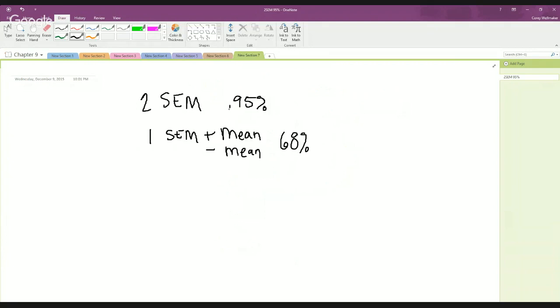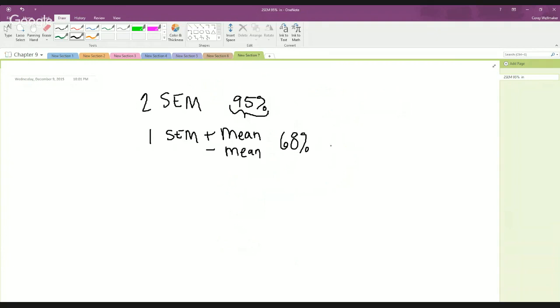So if we want to be more confident, we have to increase our interval.